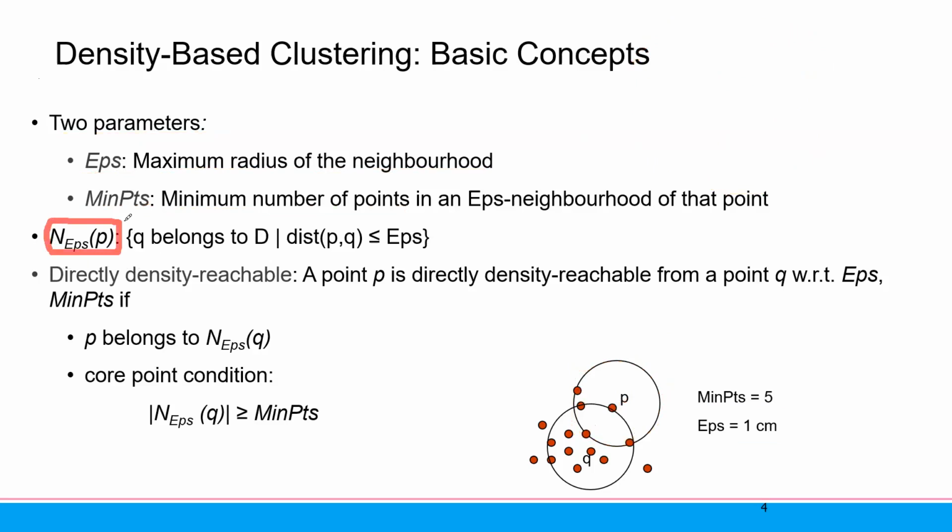If we want to start with the point P, then what are the nearest neighbors? N means the neighbor. We want to check the neighborhood. Q means every other point.